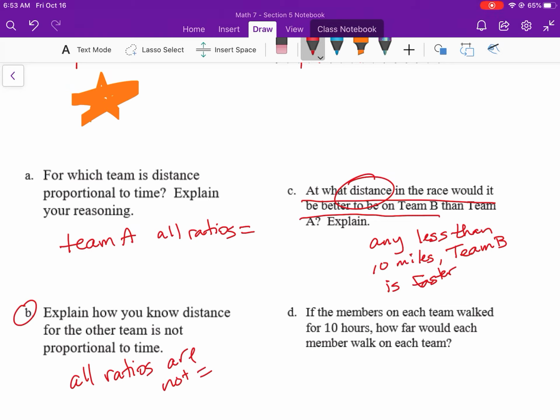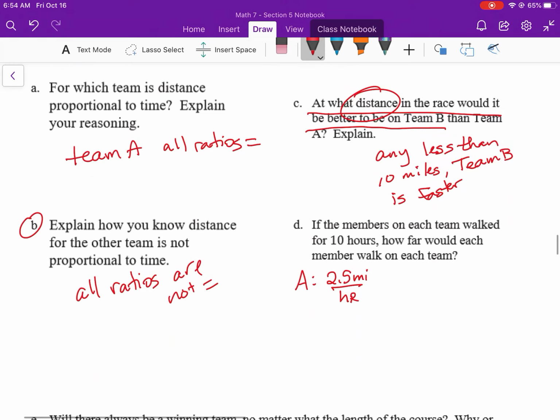All right, if members on a team walked for 10 hours, how far would each member walk on each team? Well, A is easy to figure out because remember they're 2.5 miles per hour. And if I go for 10 hours, I can just do 2.5 times 10, and that gets me 25 miles.